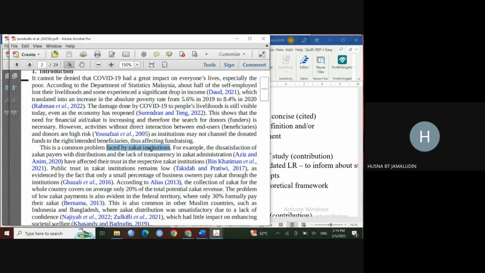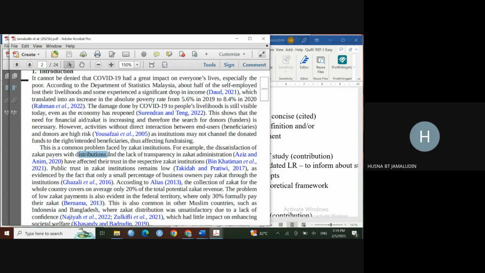This is actually very common, not just in Malaysia, not just among the states in Malaysia, but in other zakat institutions around the world. They are dissatisfied with the disbursement. They think that, well, they have paid a lot, but the poor are still there. The poor still didn't get the benefit. So they have trust issues with zakat.